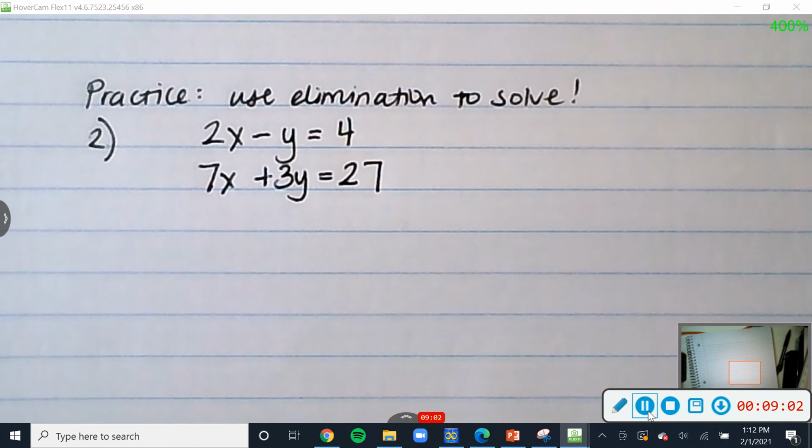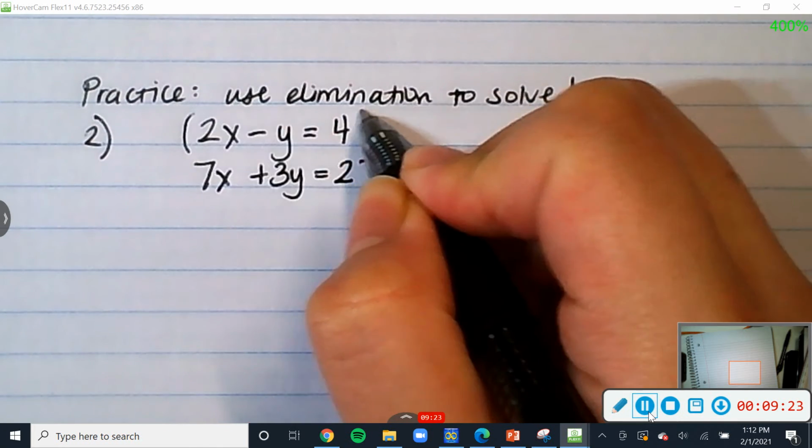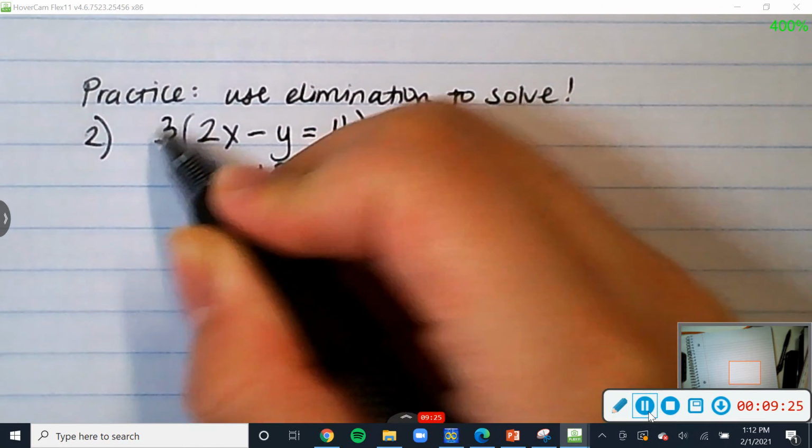Okay, it's time for one last problem. We have 2x minus y equals 4, and 7x plus 3y equals 27. Go ahead and try to solve this problem on your own, and then we will review it. So for this problem, there's only really one thing that we can do, and that is to multiply the top equation times 3.